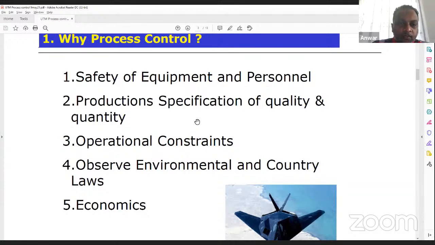And number four will be the environmental and also the legal requirement. We know that a few years back in Johor, in Pasir Gudang, we had the Sungai Kim Kim issue.